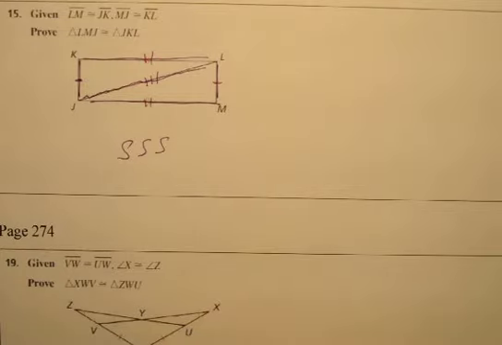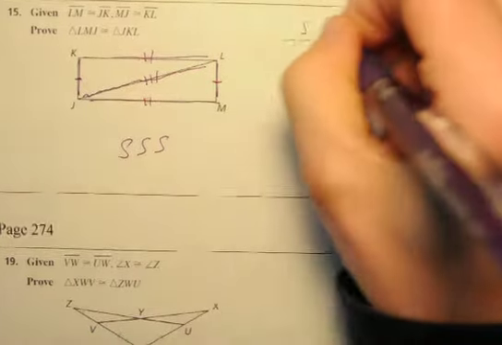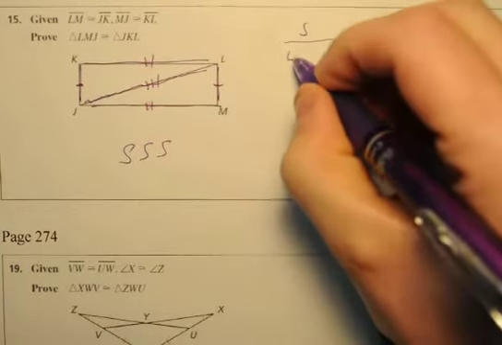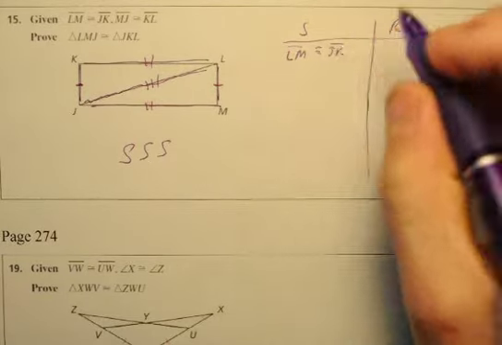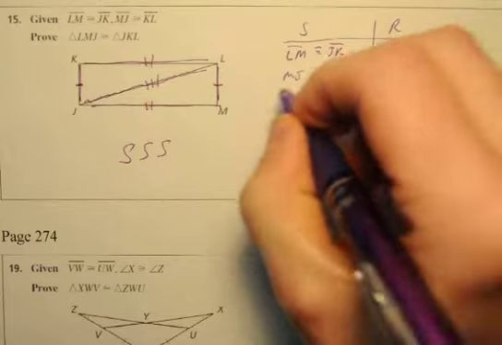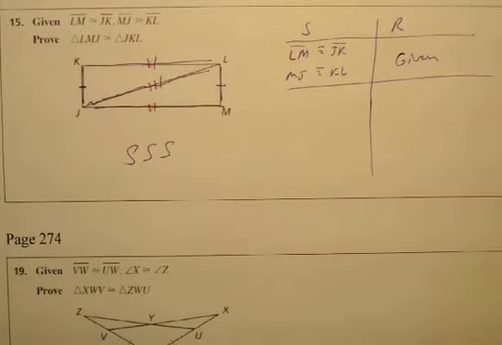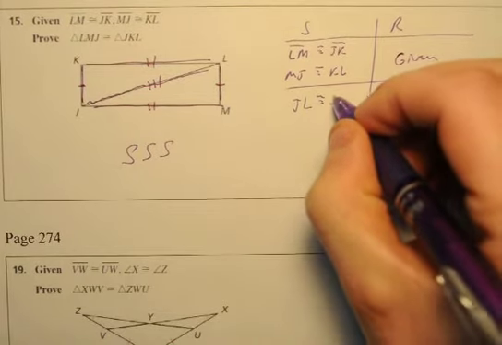So you write out your proof. You need to have 3 pieces of information. LM is congruent to JK. MJ is congruent to KL. That's given. JL is congruent to itself.